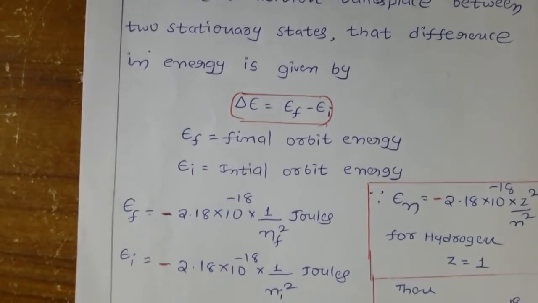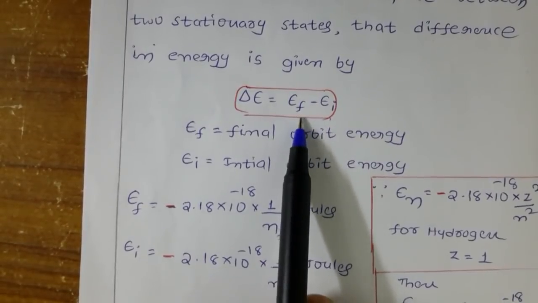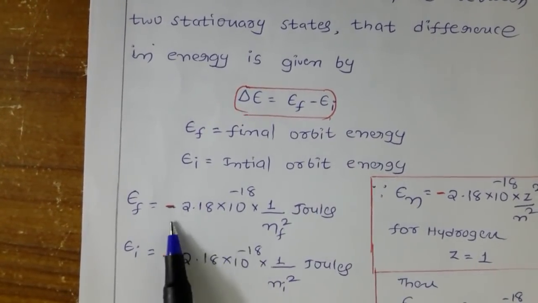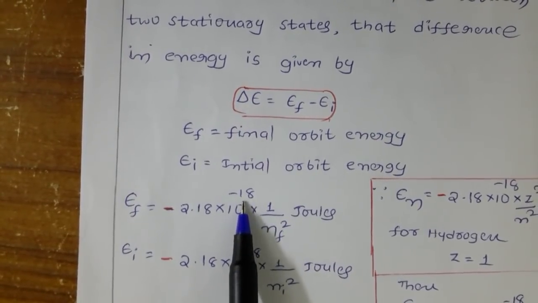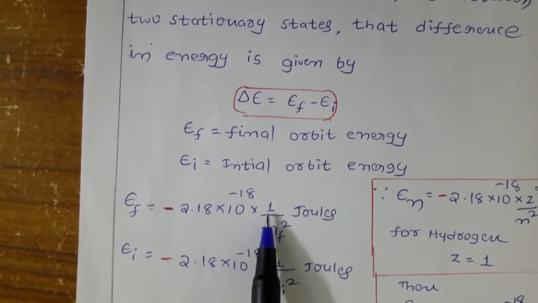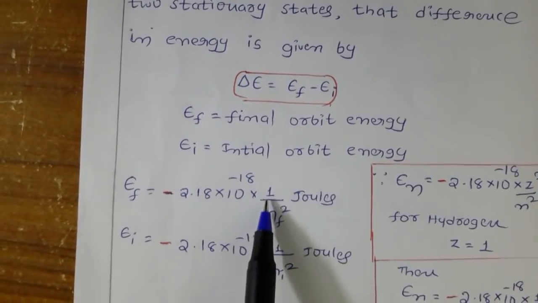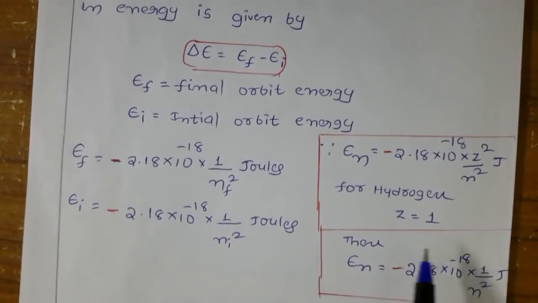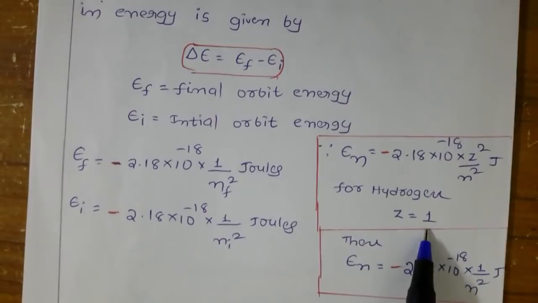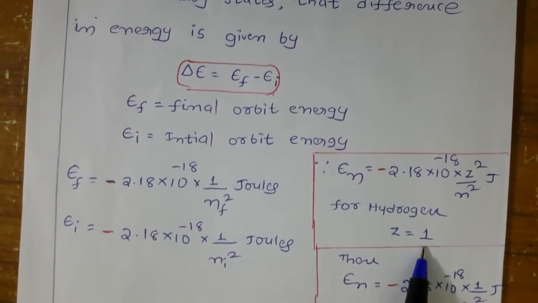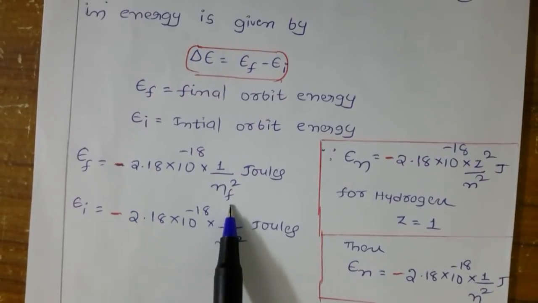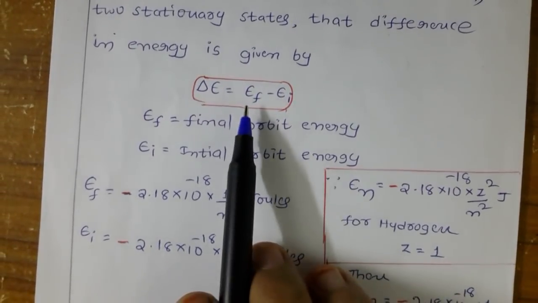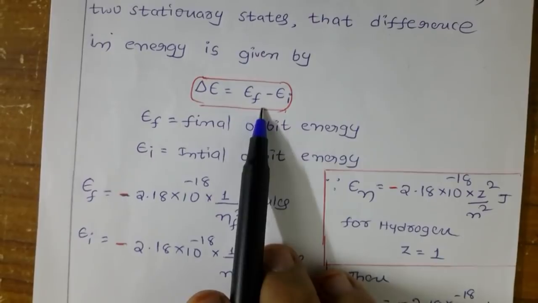So instead of EF, I will write the equation: minus 2.18 into 10 to the power of minus 18 into 1 by n final square. Why 1? Because we took Z equal to 1, since it is a hydrogen atom. And we divide with n final square because we are taking the energy of the final orbit.